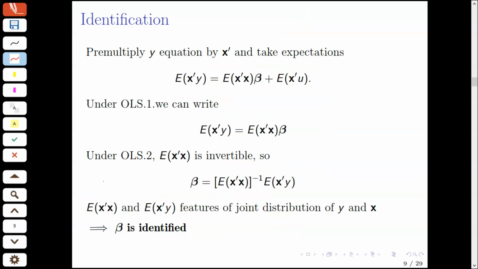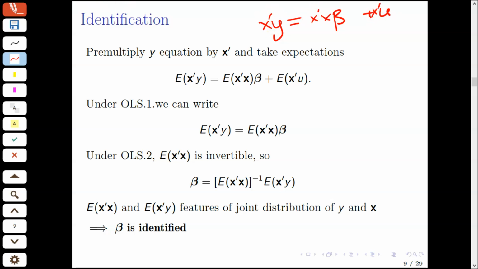Okay, so how would the argument for identification go? Well, if we go back to our linear equation, it looks something like this. And we pre-multiply by x transpose, which is a k by 1 vector. We get this.